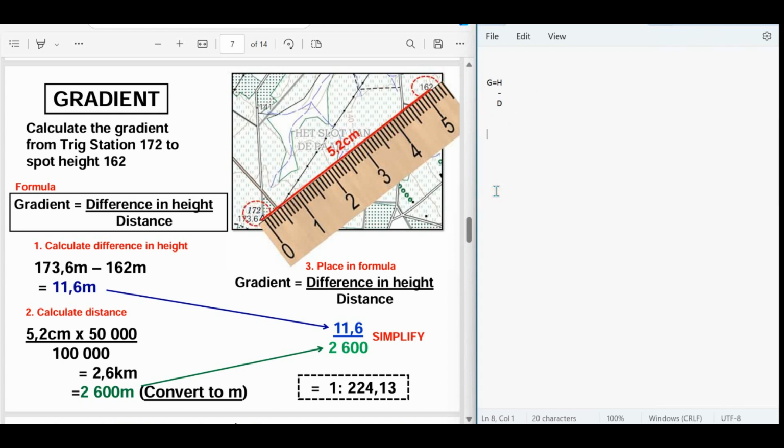Now the first thing that we are going to do is find out how much difference in height the trig station 172 and spot height 162 have. We are going to subtract the lowest height from the highest height.